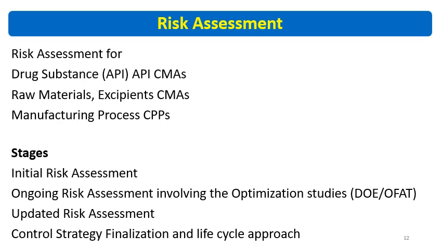Then based on the outcome of these trials, risk is required to be updated and you can finalize the control strategy. This control strategy can be finalized after the scale up and registration batches and also updated after the validation batches. And based on this control strategy, the life cycle approach is taken.